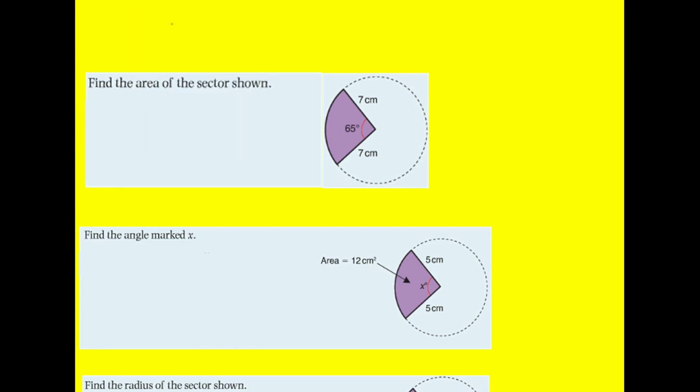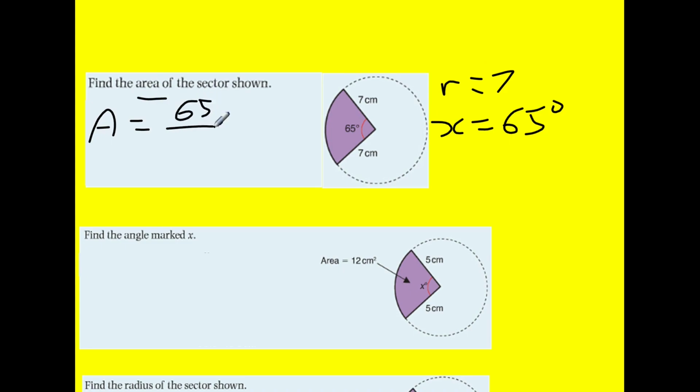Okay, example number 1. We've got a sector with a radius of 7 and x is 65 degrees. We want to work out the area, so we're just going to do the area is 65 over 360 multiplied by pi times 7 squared. Try this with me.